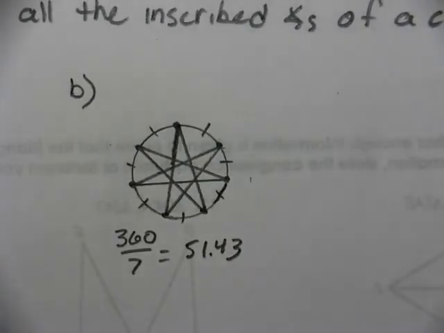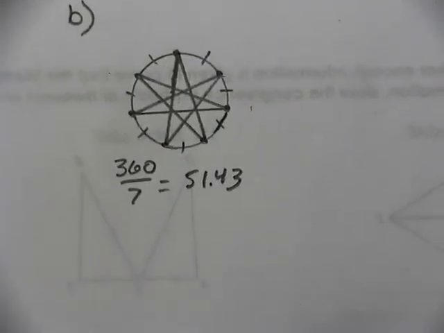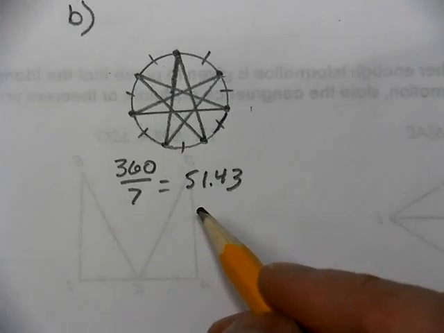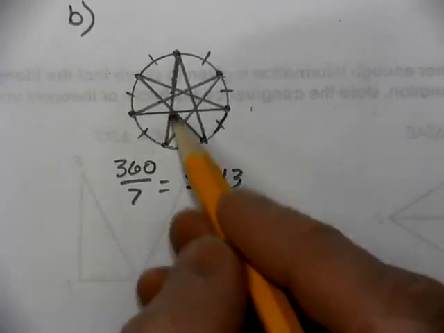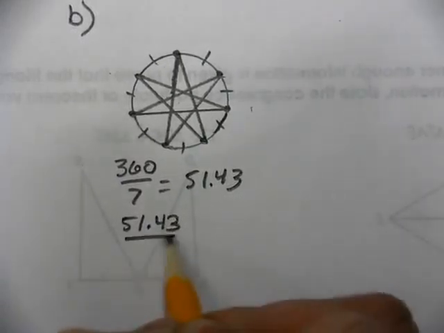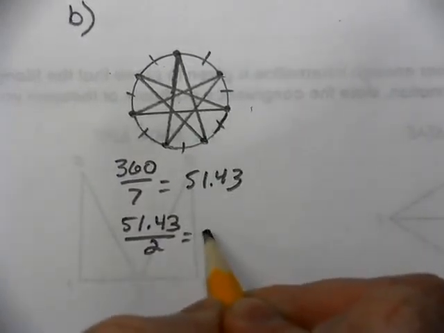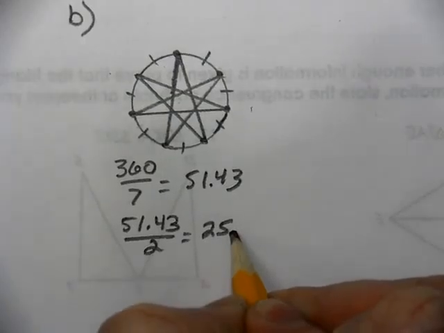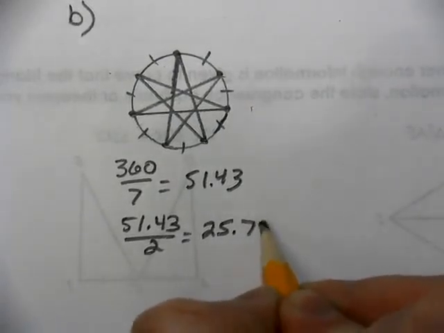There's actually a continuous decimal, but we'll stop there. So each of the inscribed angles is going to be that number divided by 2, which is approximately 25.71.